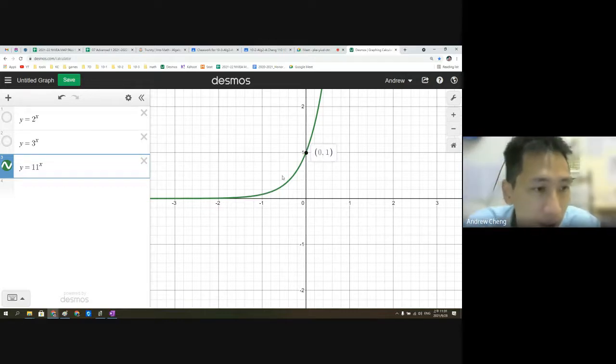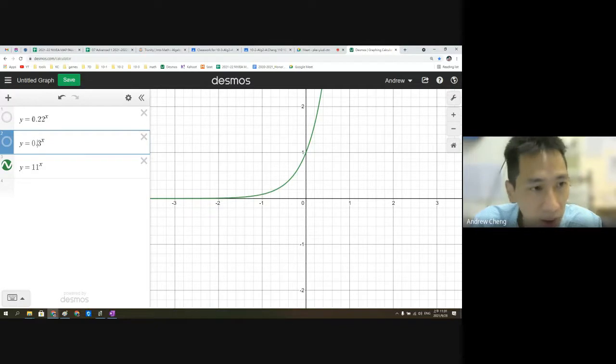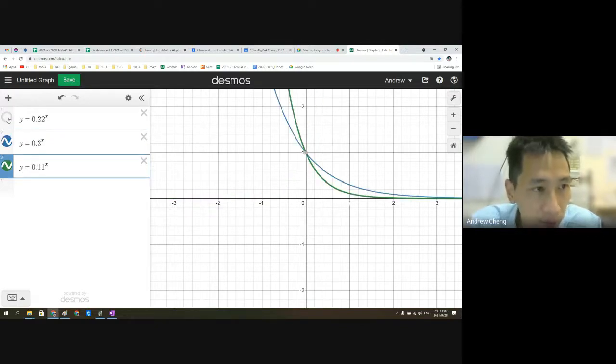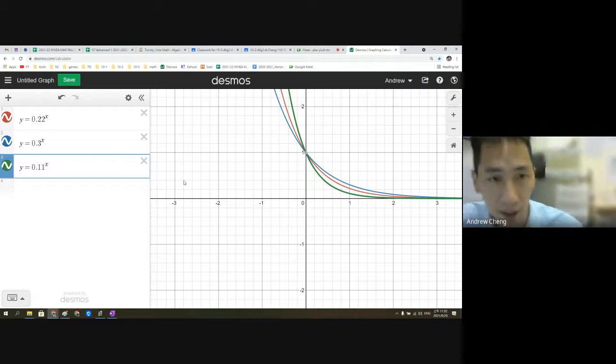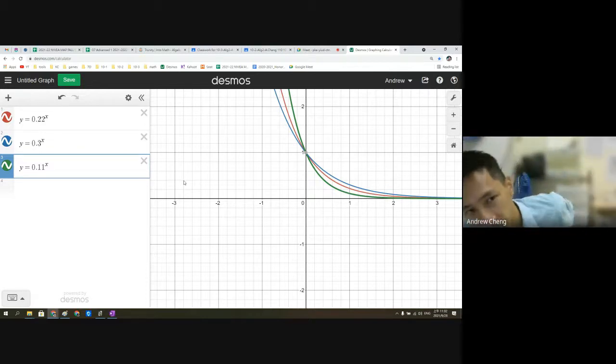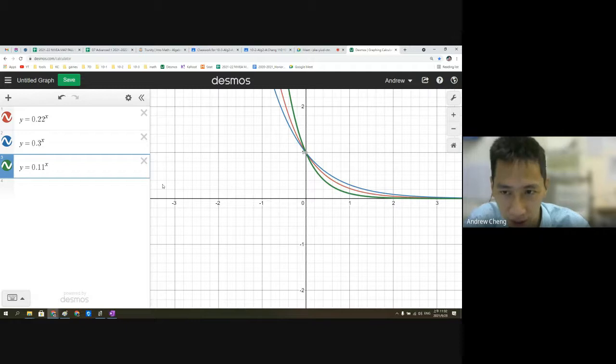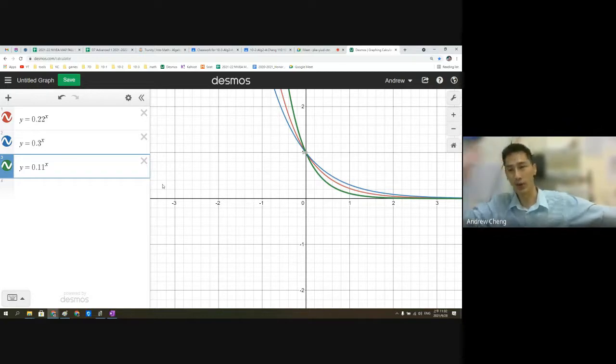What if it's less than 1? Let's see 0.2, 0.3, or 0.1. I'll show you the graph. It becomes decreasing instead of increasing. All of these three graphs are always decreasing, so the decreasing interval is from negative infinity to infinity.